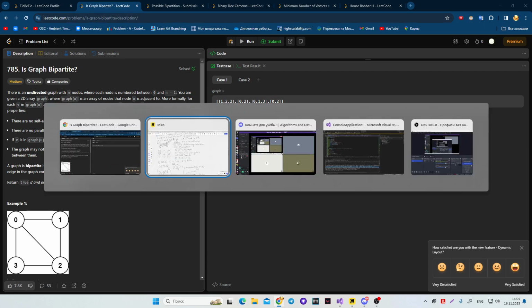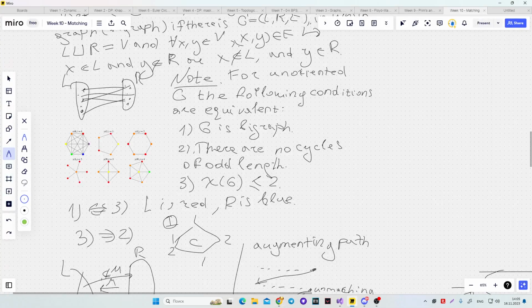We can use equivalent definitions that a graph is bipartite. What will be most useful for us?